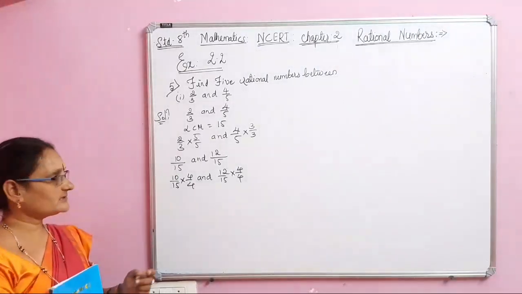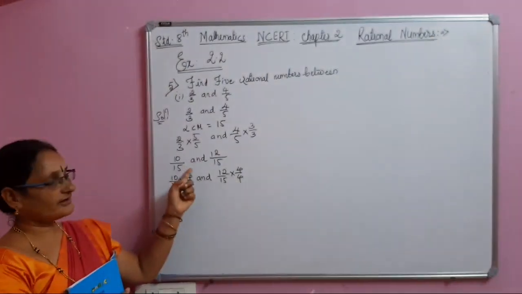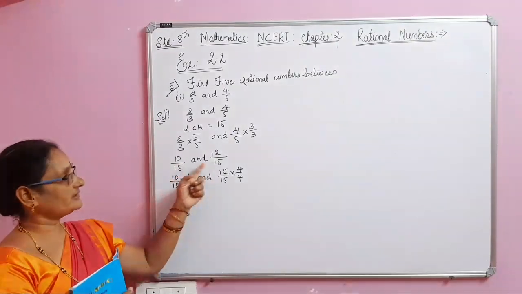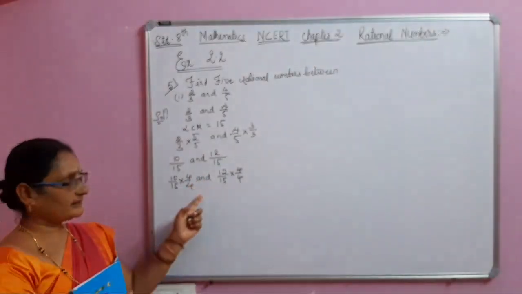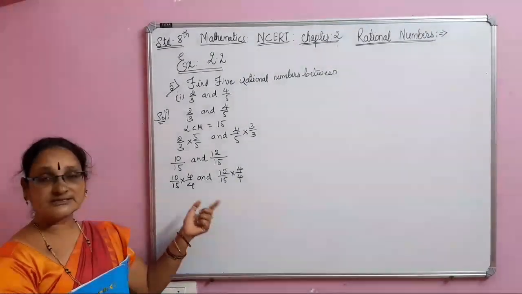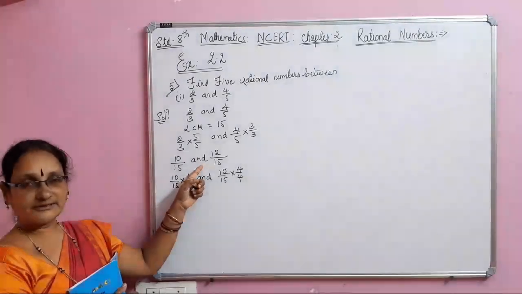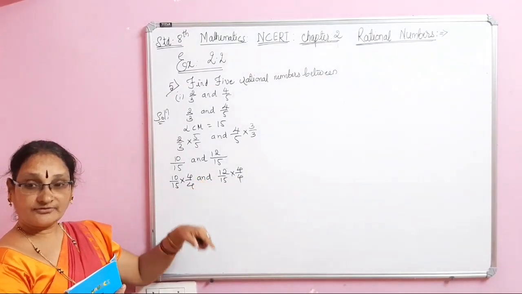Why did we decide like this? Because when we divide, we got only 1 in between these two. If we multiply by 2, we will get 3. If we multiply by 4, we will get 5.